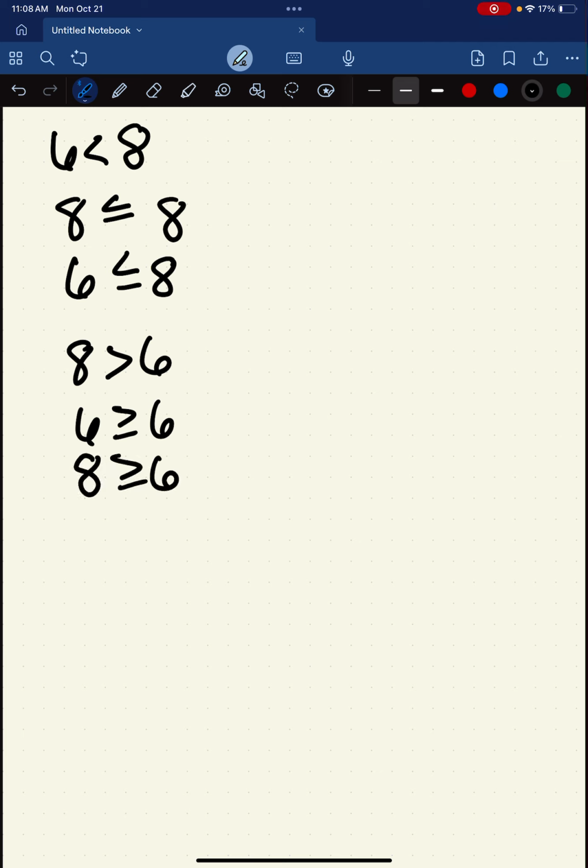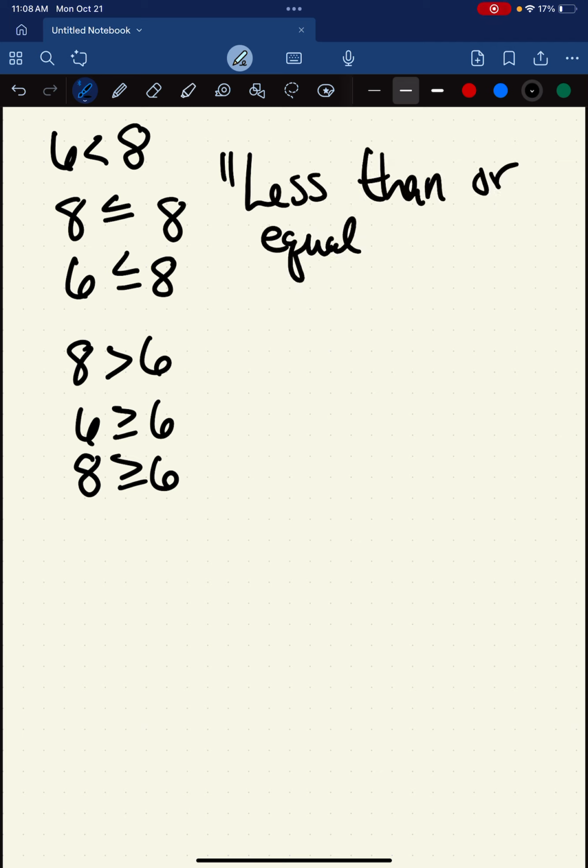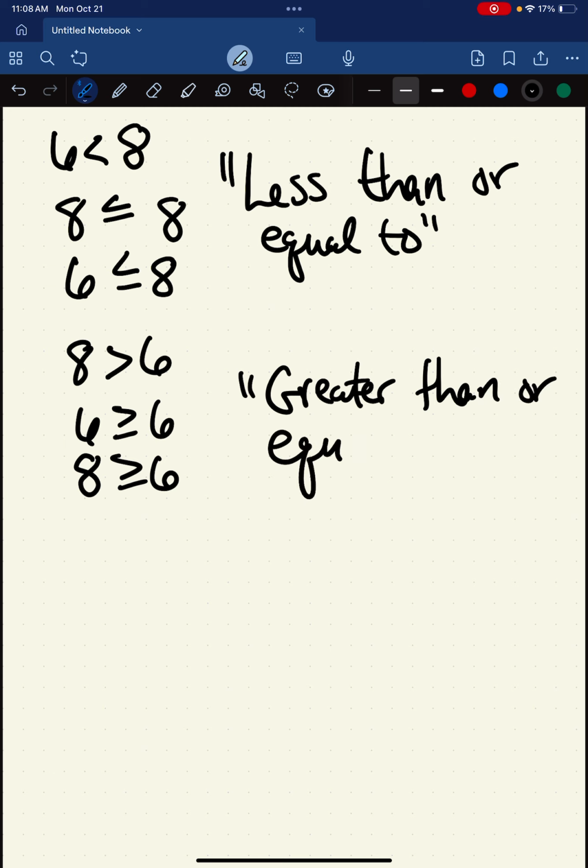Again, 8 is also greater than or equal to 6 because it's greater than. So here you read this as less than or equal to. And here you would read this as greater than or equal to.